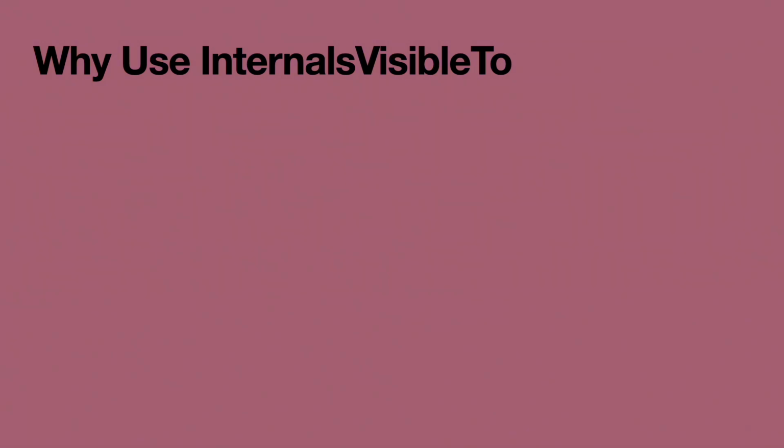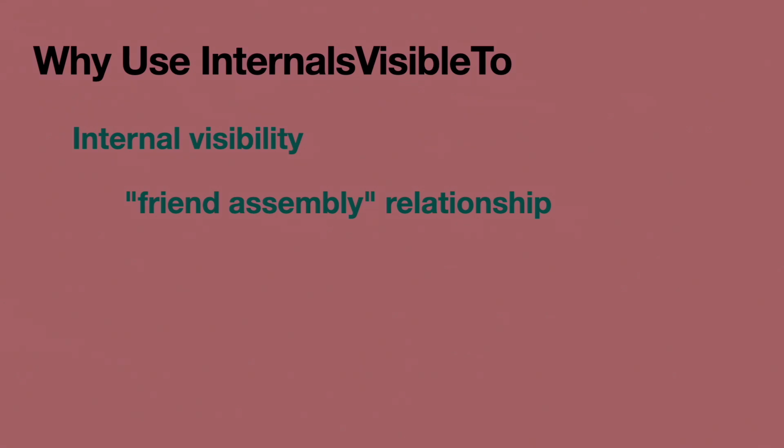The highlight is that it can be used to share internal members between different assemblies, from one assembly to a member of another assembly. Now we'll see why to use InternalsVisibleTo. First of all, it is for internal visibility.